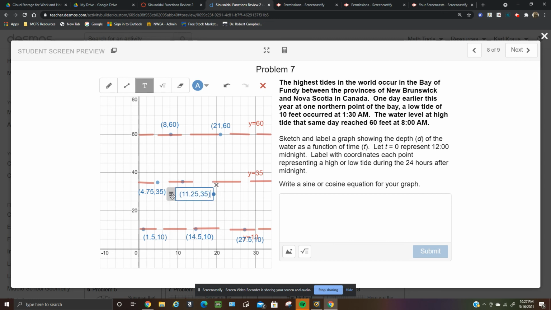So I'm just going to label one cycle here and then try to draw. Oops. It's a little bit too pointy there.